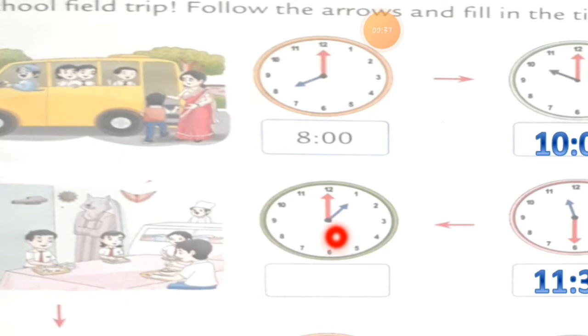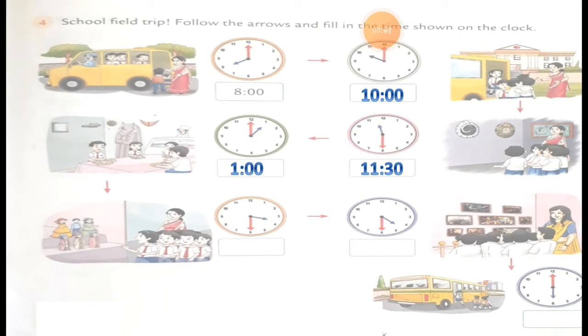And the short hand is pointing to 1. It means what time is it? The clock shows it is 1 o'clock. They are taking their lunch at 1 o'clock.